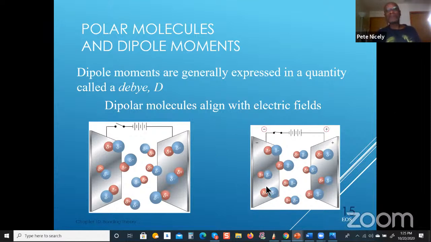And this is the basis for liquid crystals. Liquid crystal displays that you see, for example, on your calculators, such as the one I'm using for my calculations here. Of course, it's a bit more fancy, but basically what is happening is that you have the alignment of molecules according to electric fields generated.